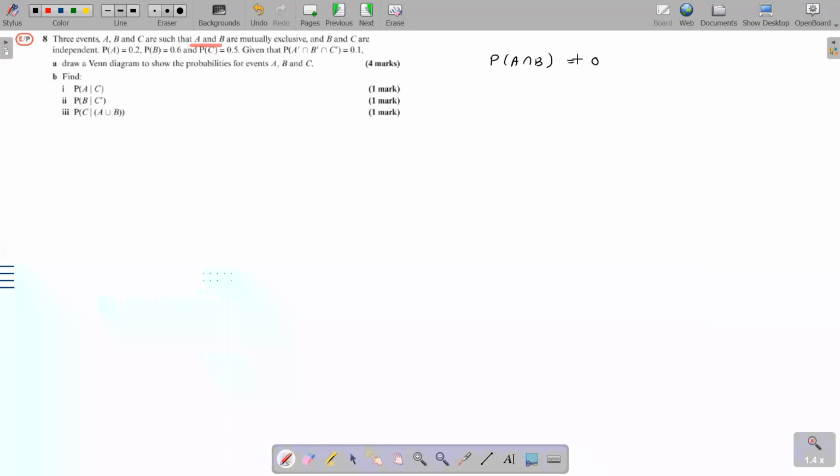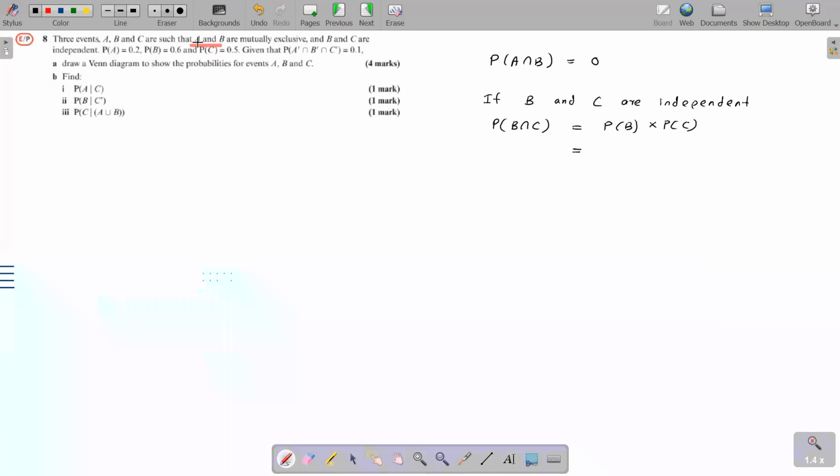And B and C are independent. So guys, you should know that if B and C are independent, then the probability of B intersection C must be equal to the probability of B times the probability of C. So this is the rule, right?